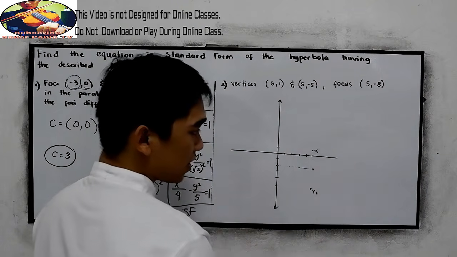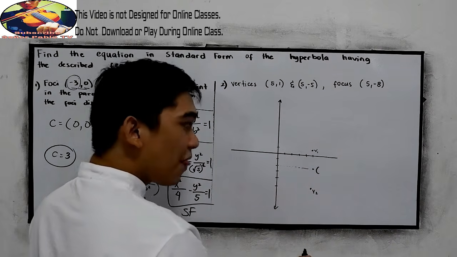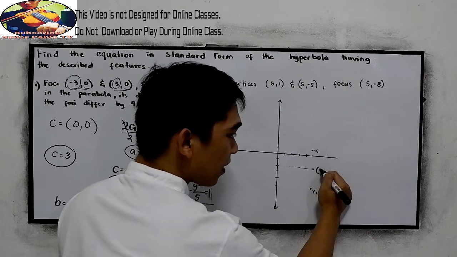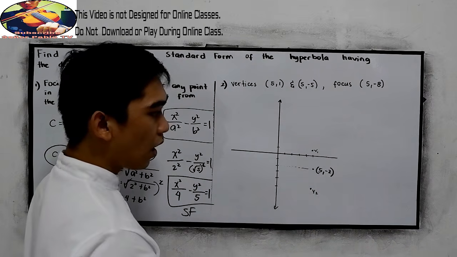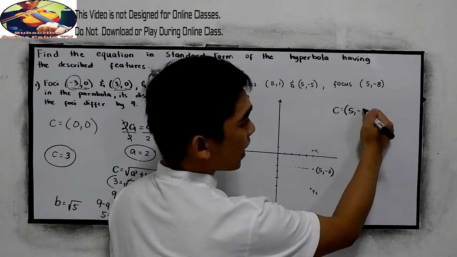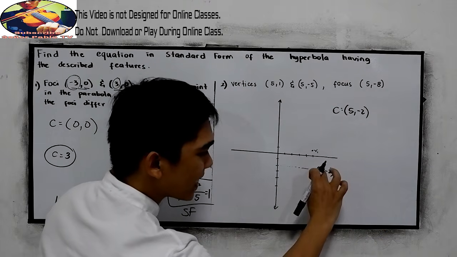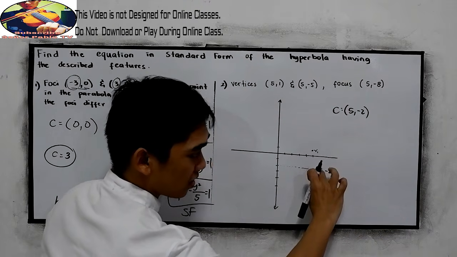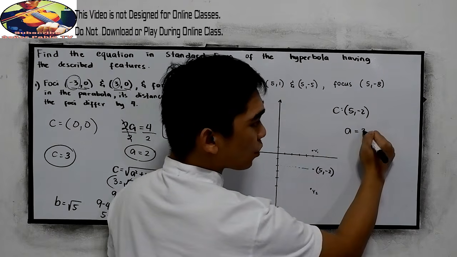The distance must be the same. So the coordinates of our center are 5, negative 2. This is our center. From here, the distance is 3 units. That is the a. a is equal to 3.